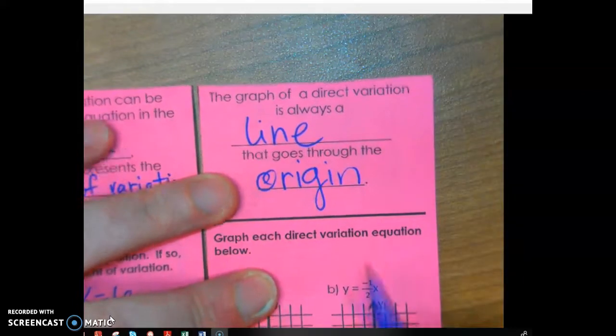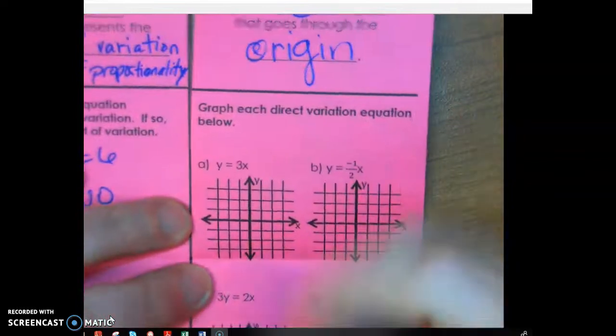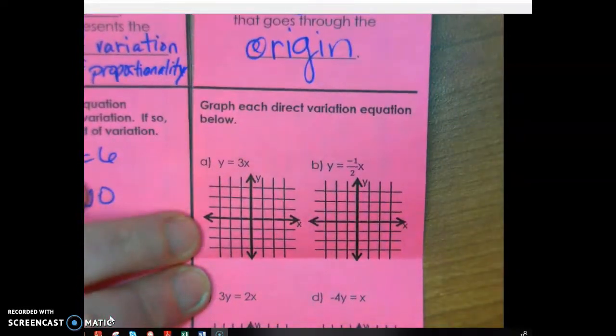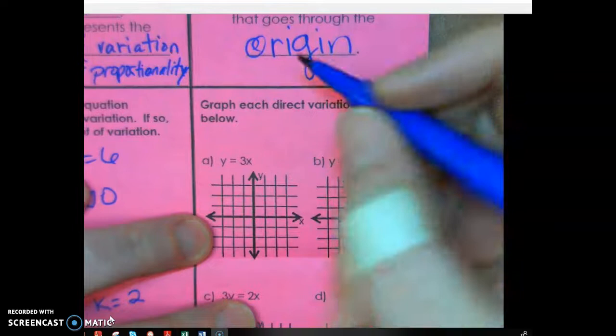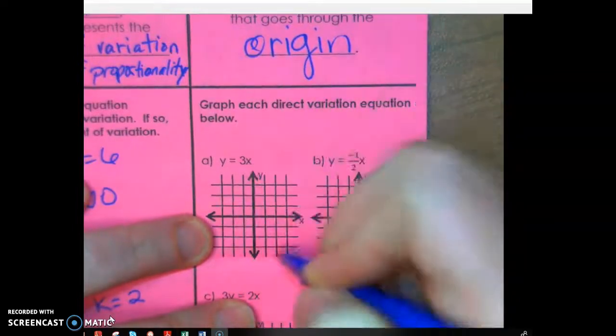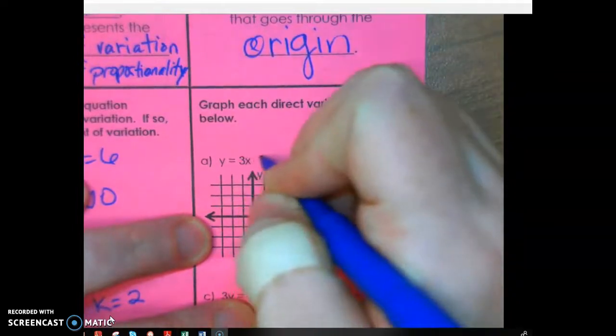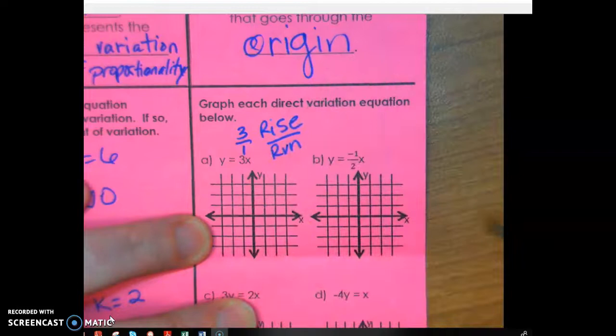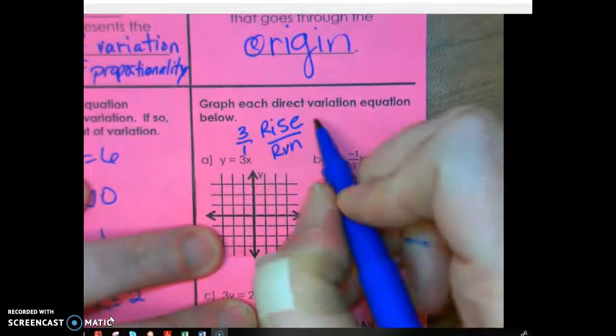I'm not going to graph all these because you guys wanted a short video, but when I graph 3x, remember, that is the same as 3 over 1, rise over run. I can start here because it's proportional.